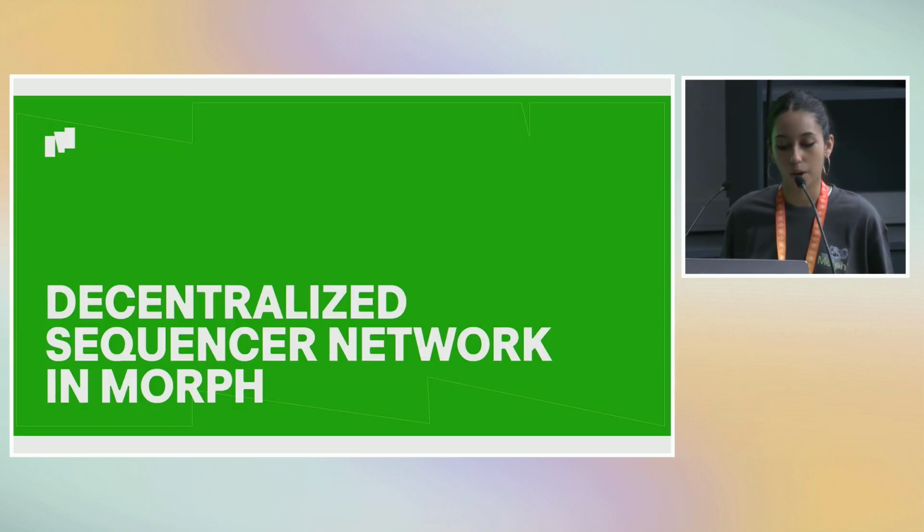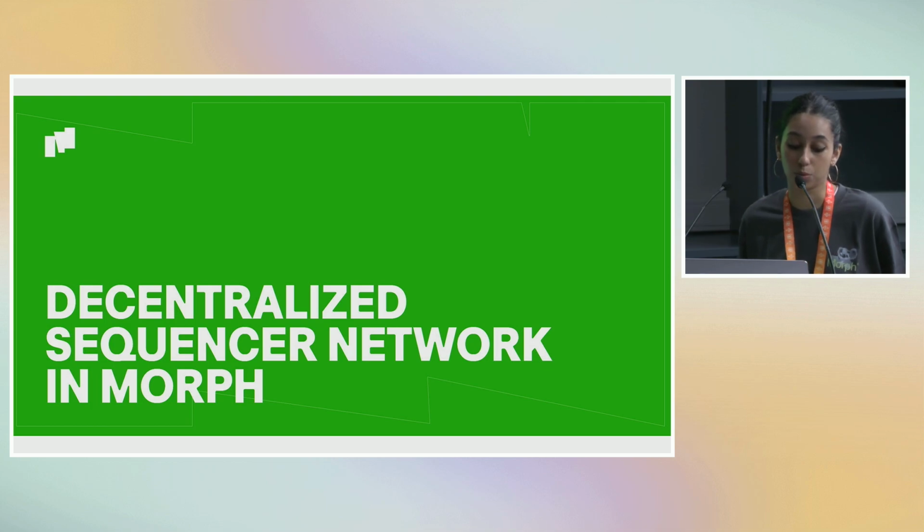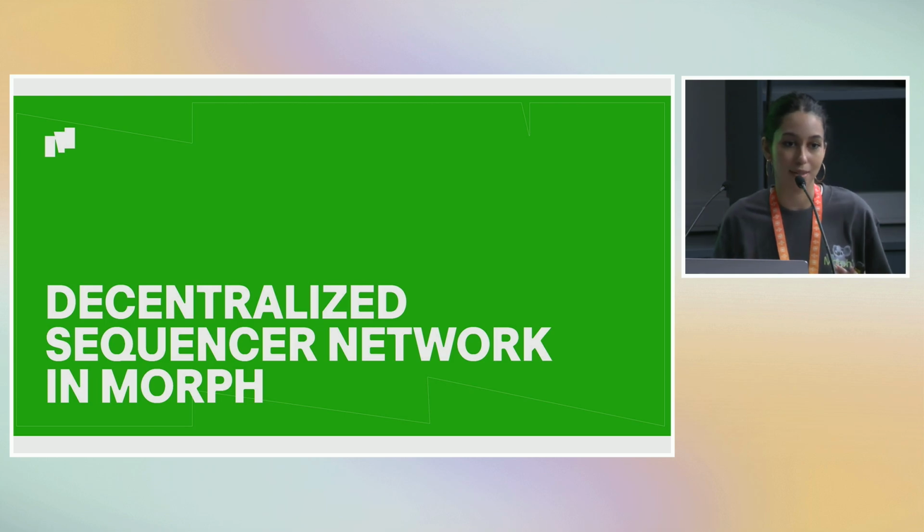Let's talk about our decentralized sequencer network. Sequencers are responsible for producing new blocks in L2s, right? Imagine that a sequencer is a group of participants who have a special job, which is basically to produce and confirm new blocks to send all of the transactions to the main L1, which in this case is Ethereum.